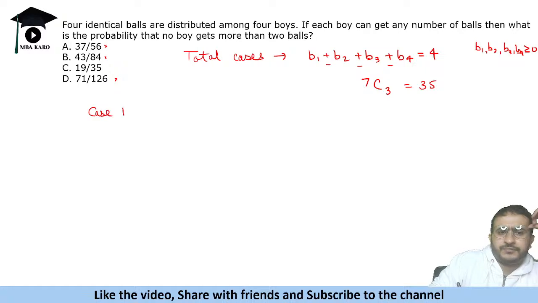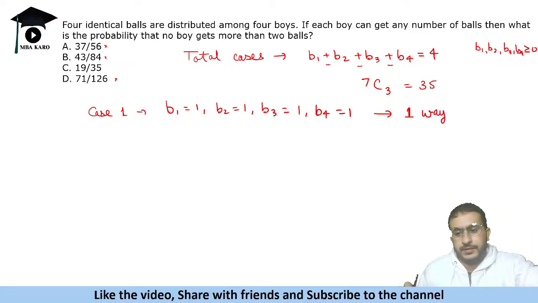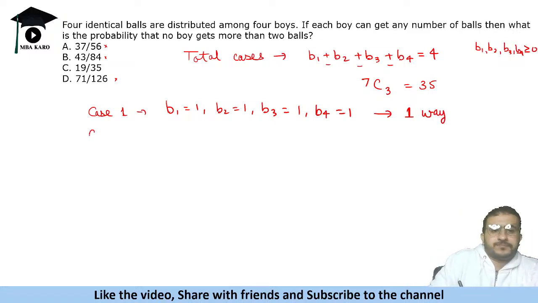Case one, wherein all boys get one ball each. B1 gets 1. So how many ways? One way, right? Second case: it says that each boy can get any number of balls.